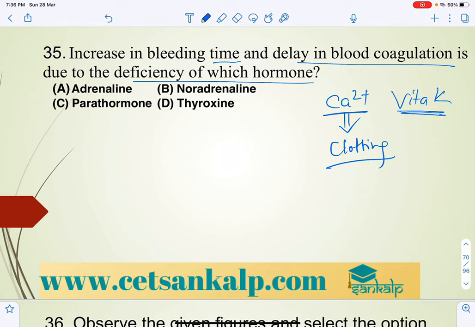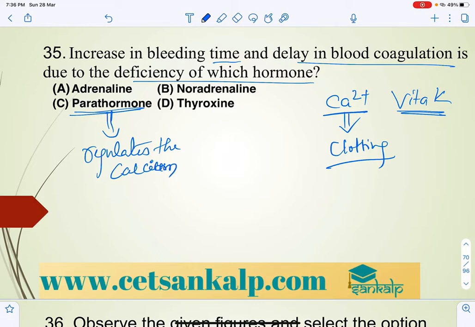We know that the parathyroid hormone regulates the calcium level.